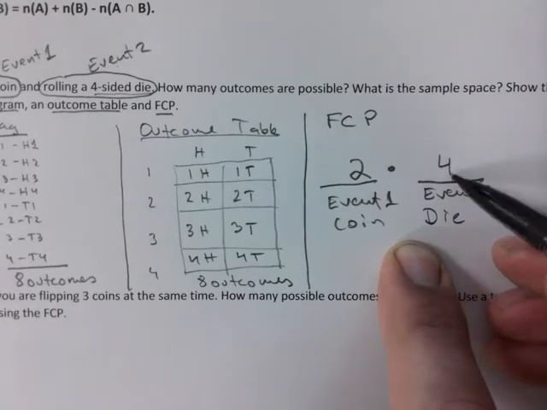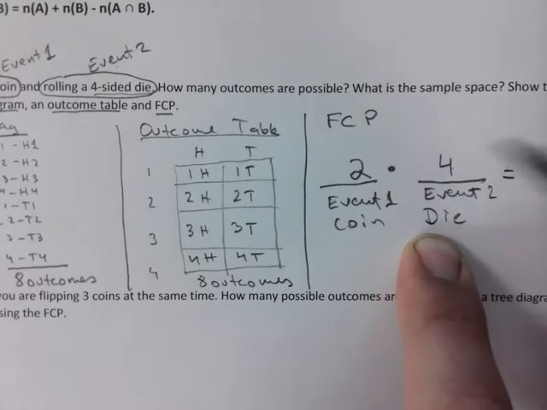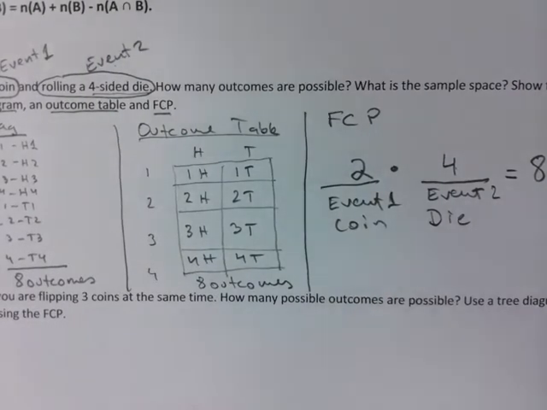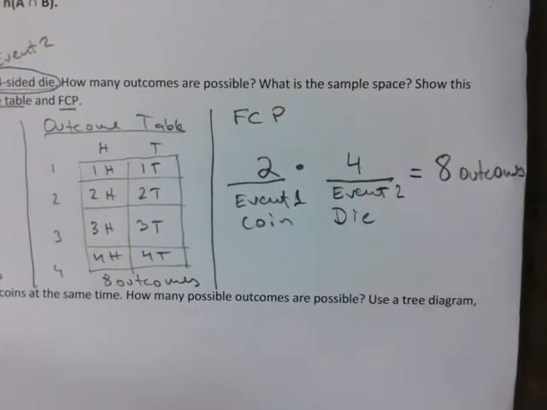And in this case, it's only a 4-sided. So we go 2 ways times 4 ways of doing that second event. There are 8 outcomes. Oh, you can't see that, can you? There. 8 outcomes. So that's using the fundamental counting principle in a way, okay?